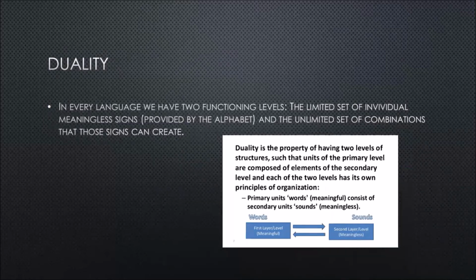That means we have a limited series of meaningless signs, which are the letters, and then with that limited set of meaningless signs, we can produce an unlimited set of combinations. That is the two levels, the levels of meaningless signs and the level of meaning combinations.